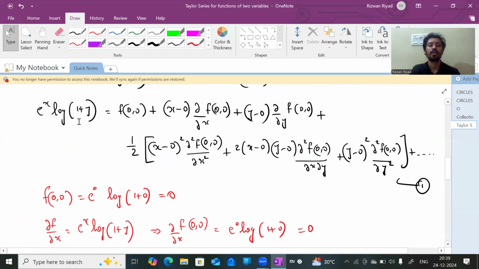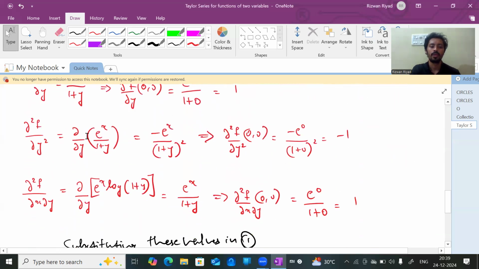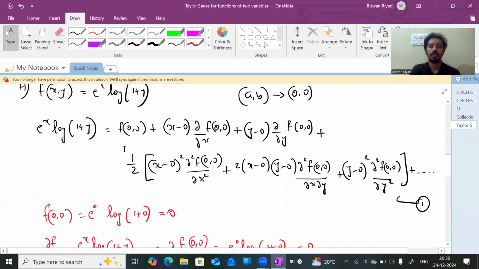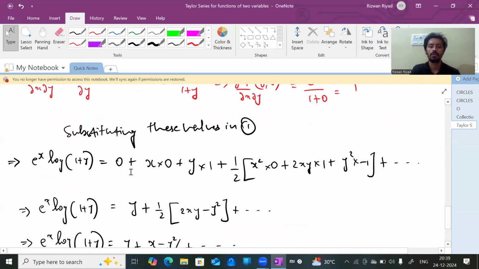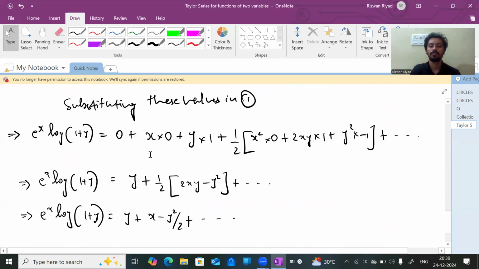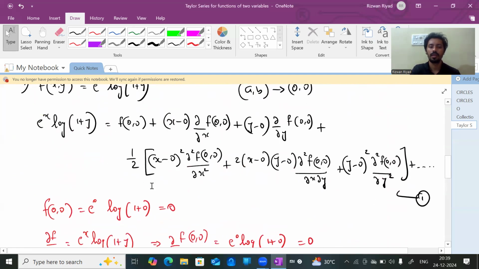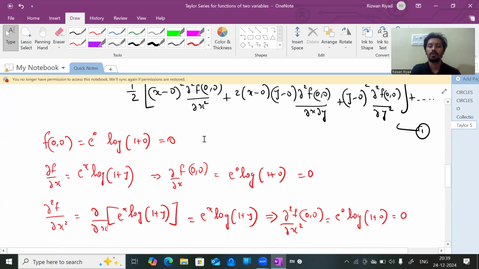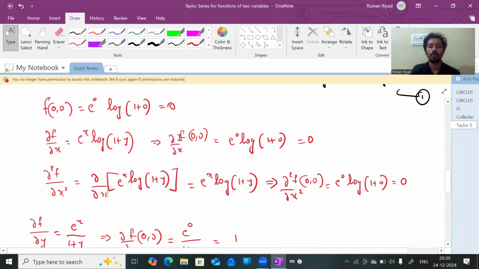So what will happen here? e^x log(1+y) equals, first we had this f(0, 0). What is f(0, 0)? 0 only. 0 plus, next we had what? x minus 0 becomes x only, into ∂f/∂x at (0, 0), which we already got, is 0 only.